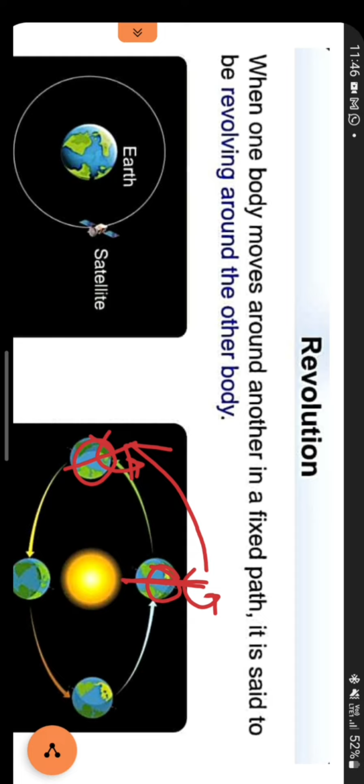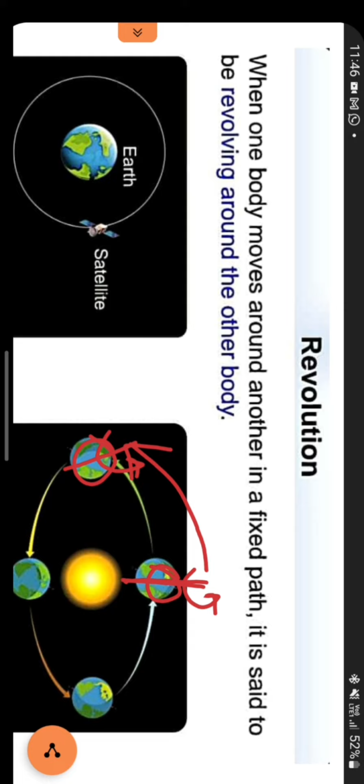So again I am coming back to the definition. When one body moves around another in a fixed path, the orbit is not changing, but the movement is, meaning the earth's movement. It is said to be revolving around the other body, and here the other body is the sun.